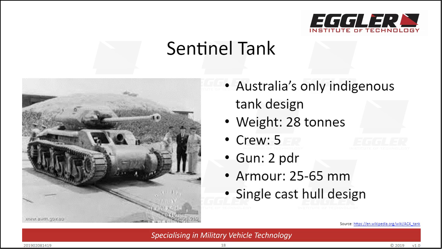This is the only tank of its type to ever have used this unique manufacturing process. Unfortunately, the project was cancelled in 1943 due to pressure by the American government. At the time, the Americans considered that the production of the Sentinel tank was diverting important technical and other resources away from other essential World War II production activities.